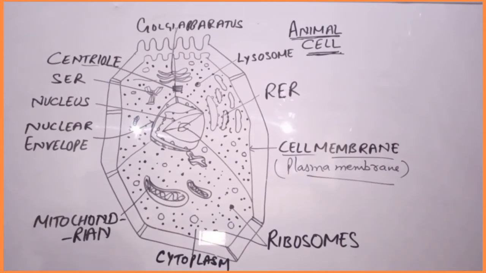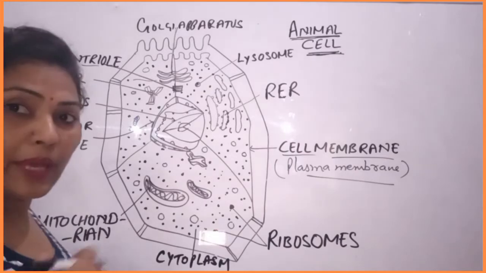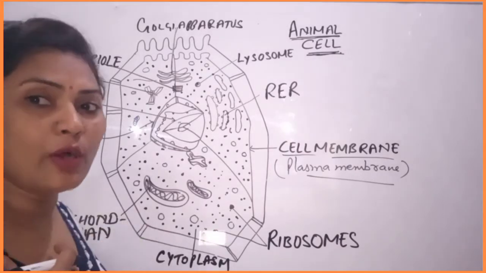Okay, and the nucleus contains fluid also. That fluid is known as nucleoplasm, and the network of thread-like structures present in it is known as chromatin. Actually, during cell division, the chromatin fibers untangle into long thread-like structures that are called chromosomes, and chromosomes contain genes which help in inheritance or transfer of characters from parents to offspring.